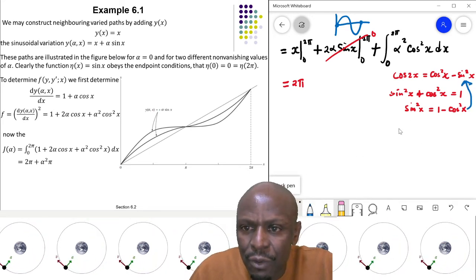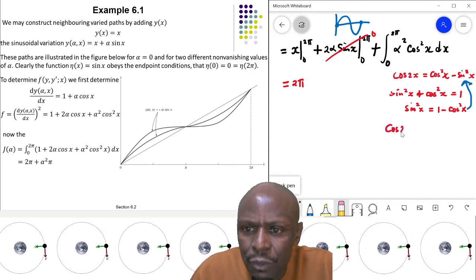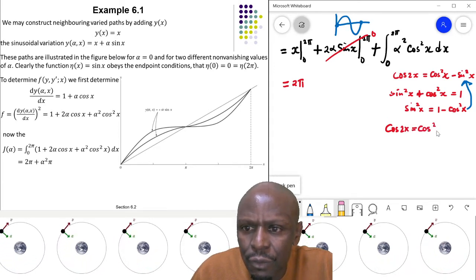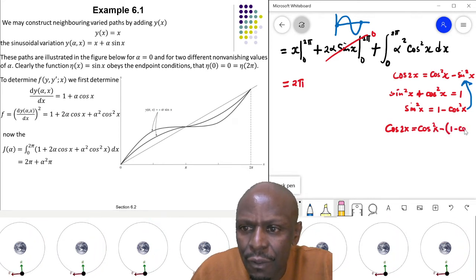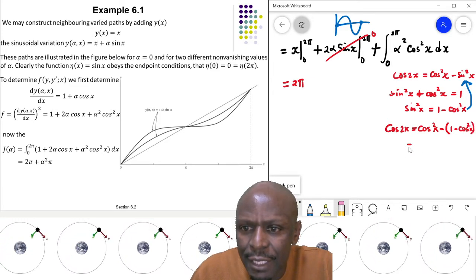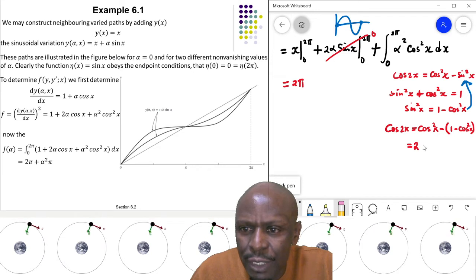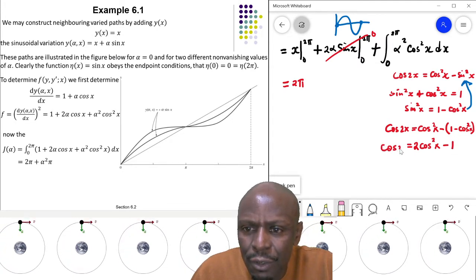You're just going to have cos 2x is equal to cos squared x minus (1 minus cos squared x), which is equal to 2 cos squared x minus 1.